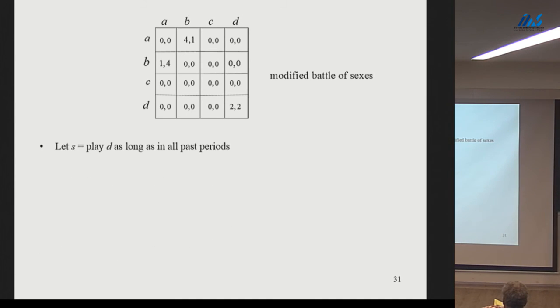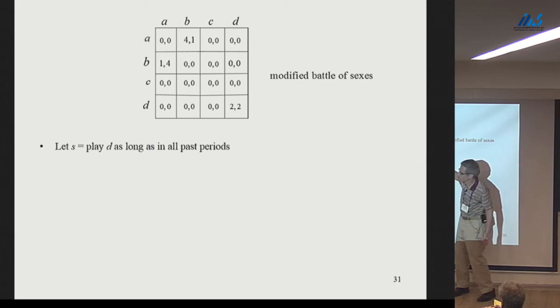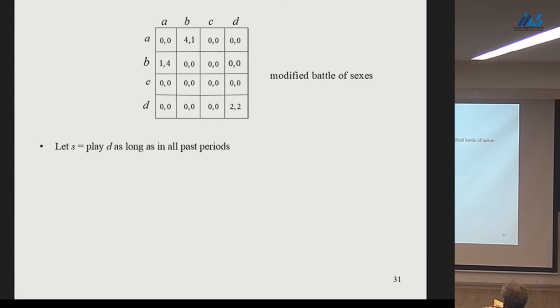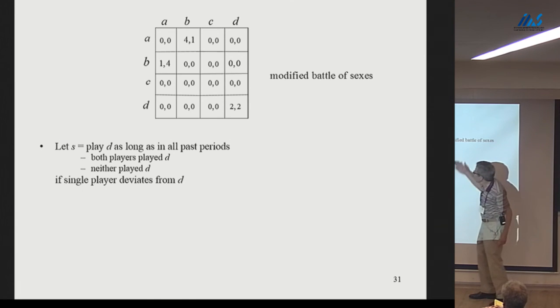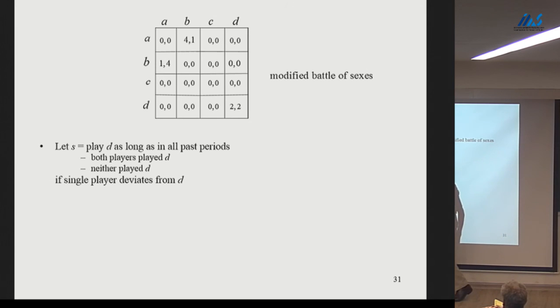The way this is done is to look at a strategy which plays D, and so if the other player is also following this strategy, will result in payoffs 2-2, as long as players have always played D in the past. And now, if somebody deviates, if say player 1 deviates from D, go here forever.